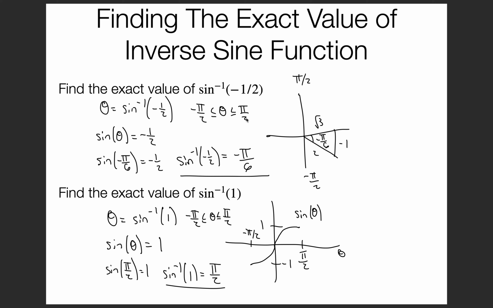Now I have a totally new thing that I'm trying to solve: the sine of theta equals negative a half, which is much easier than the sine inverse of negative 1/2, because we know how to work with sine, cosine, tangent, those types of functions a lot better than we know how to work with sine inverse. So we've translated this problem into an easier problem.